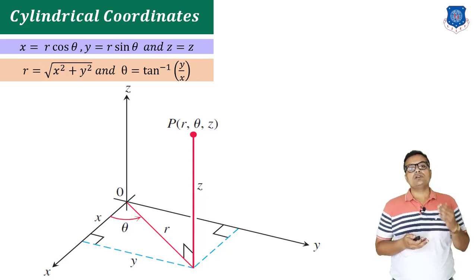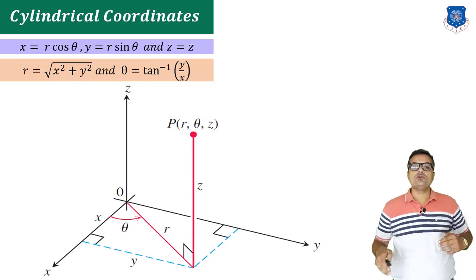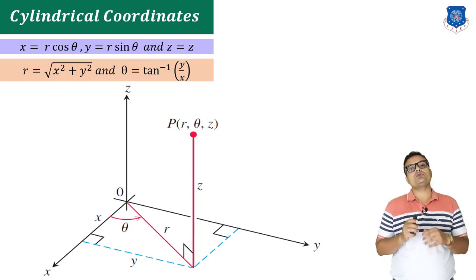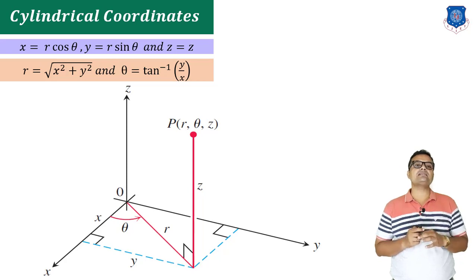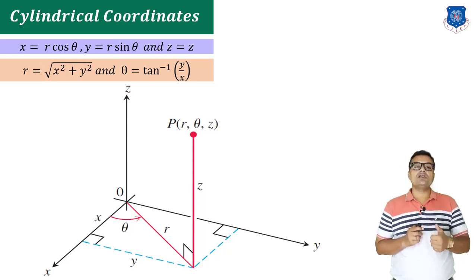With respect to the floor I am considering two coordinate axes x and y, and my height is denoted by z. So on the floor I am taking polar coordinates. If you look carefully, it is r and theta. This is the reason why x and y are nothing but polar transformations in 2D, r cos theta, r sin theta. And then I am adding one more value which is z and I am keeping it as it is.